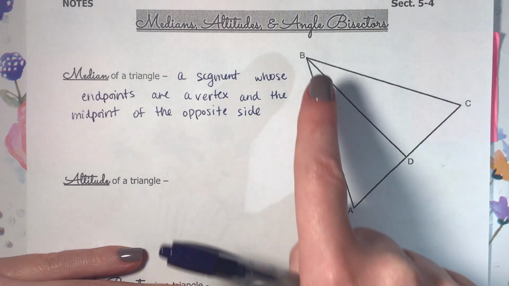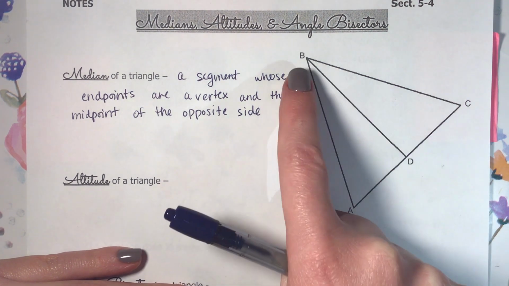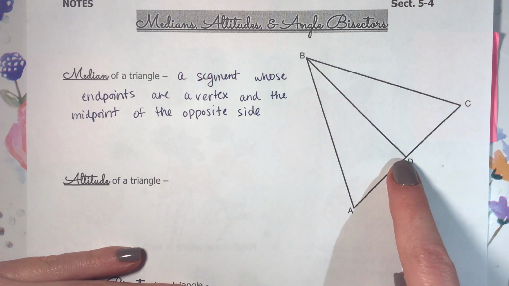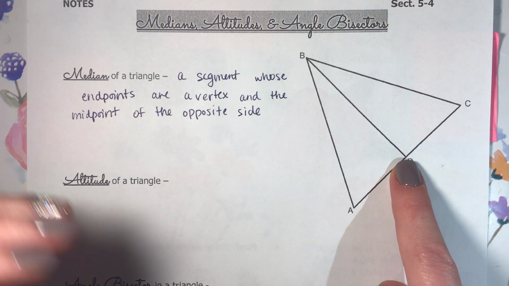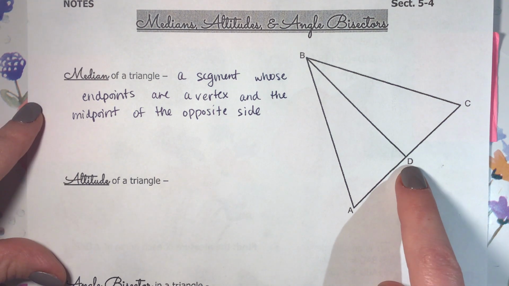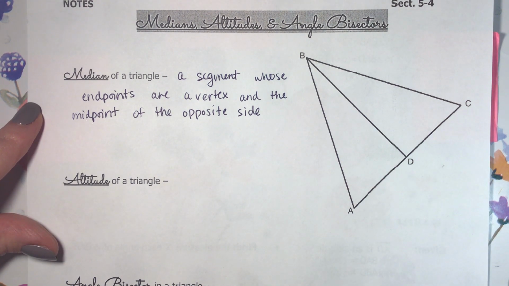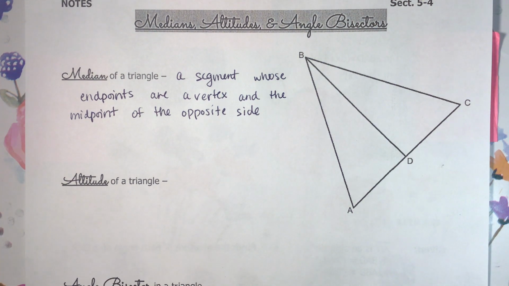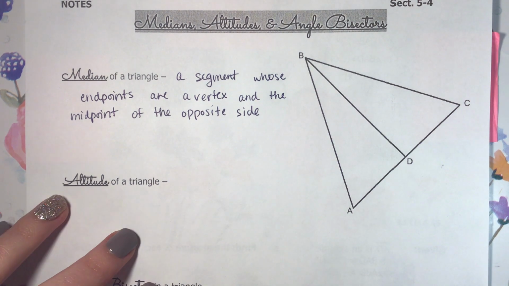So in this image, BD would be beginning at the vertex B, and then coming down here, and if D is at the very center, then that would be considered the midpoint, so that would be a median. I'm going to draw an image for you just so you can see what it would look like in another triangle.